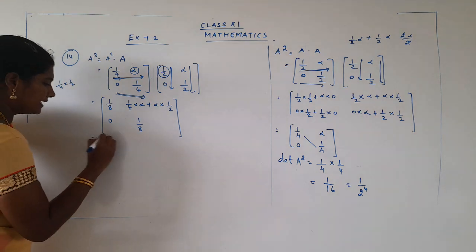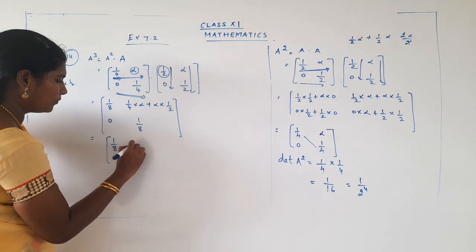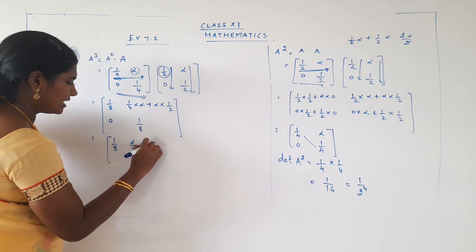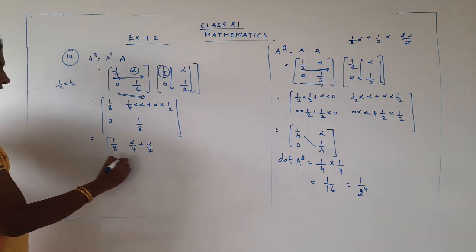So I just write the simplified form. This is 1 by 8, this is alpha upon 4 plus alpha upon 2, and this is 0 here, and this is 1 by 8.